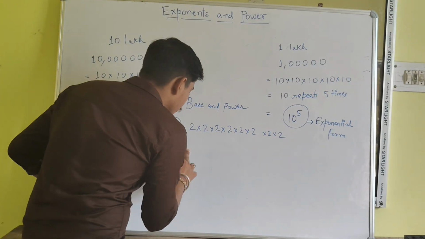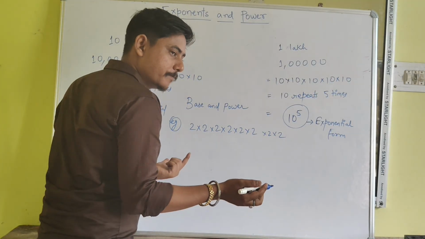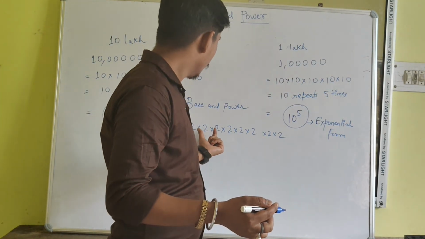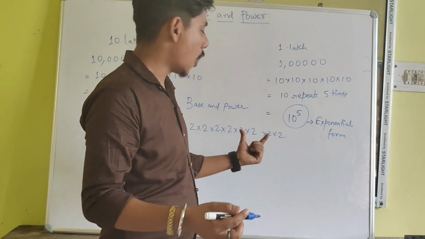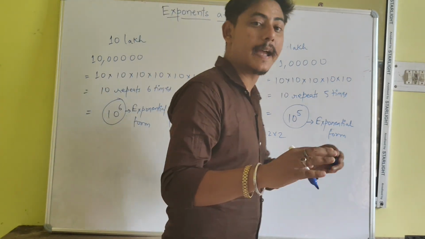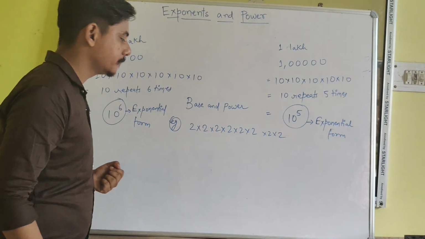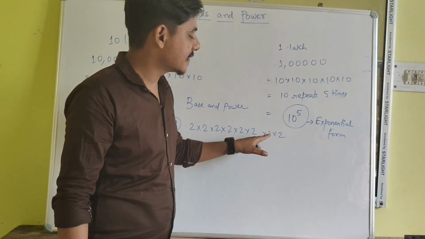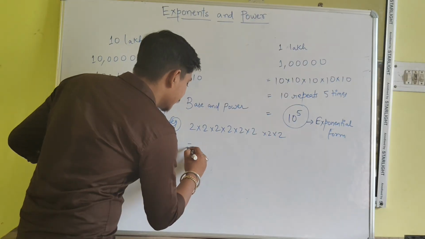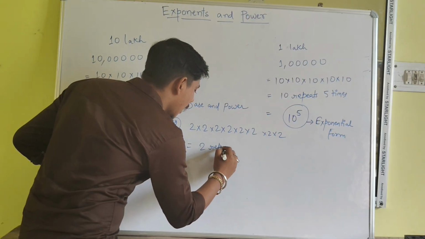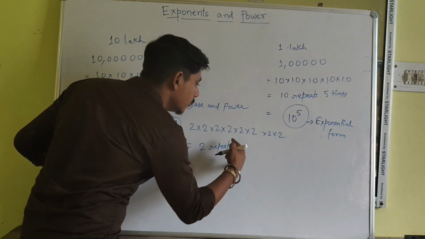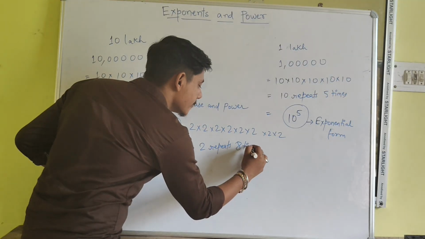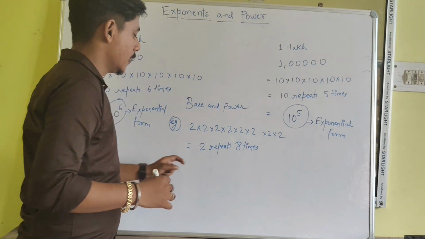Very good. 2 is the repeated number, and 2 is multiplied by itself how many times? Let's count: 1, 2, 3, 4, 5, 6, 7, 8. Very good. 2 repeats 8 times.